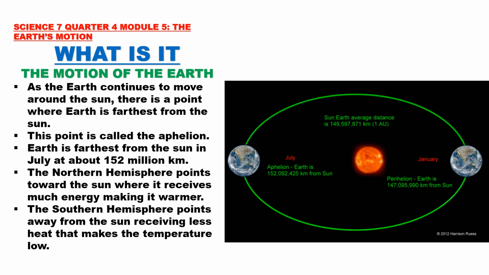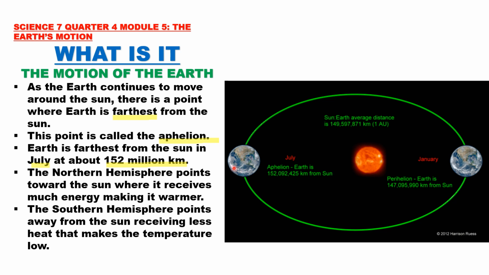As the Earth continues to move around the sun, there is a point where Earth is farthest from the sun. This point is called aphelion. Earth is farthest from the sun in July at about 152 million kilometers. During aphelion, the northern hemisphere points toward the sun where it receives much energy, making it warmer.